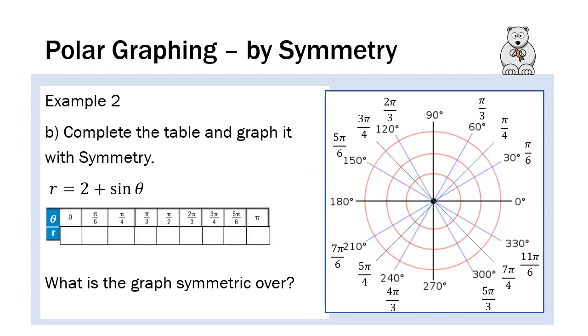On this one, we are given the equation this time, and we are going to plug in these points and see what shape it makes. These are all in radians, so be in radian mode.